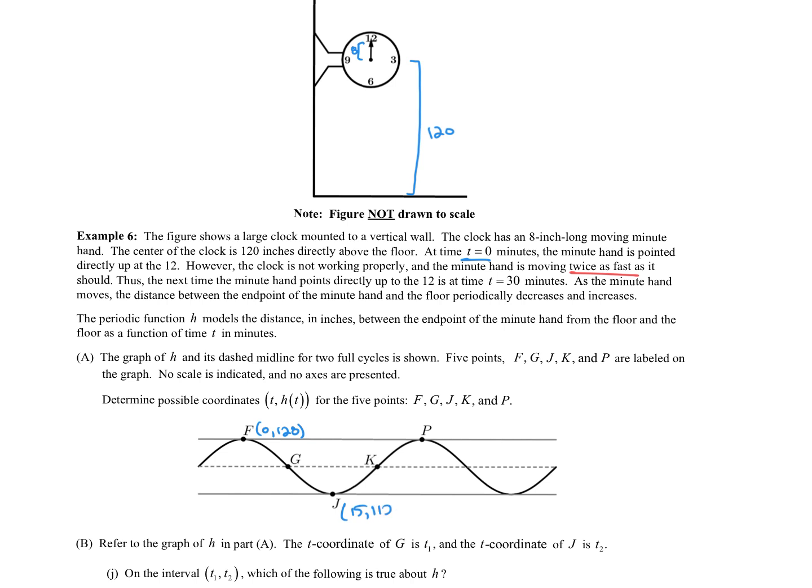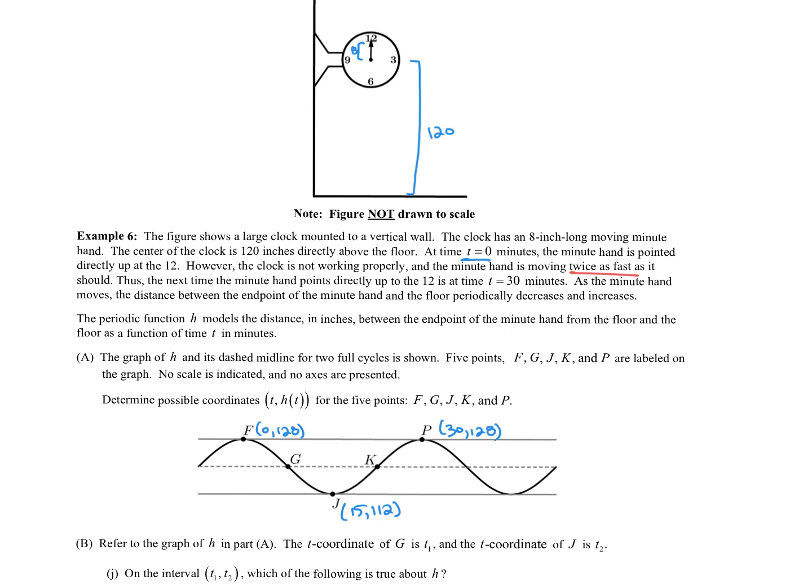It's going to be 15, 112 for J. Do we see how we did that? And so now I'm going to go to P. And so P is going back up to the top because that's my highest point again. And so what is the highest point in which it will be at? 30 comma what? 128. So this P is at 30 comma 128.